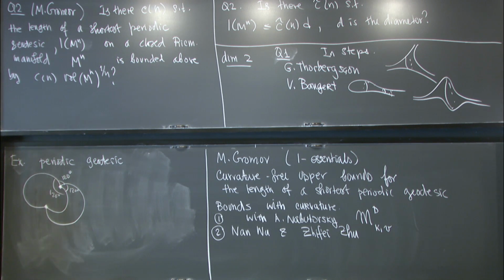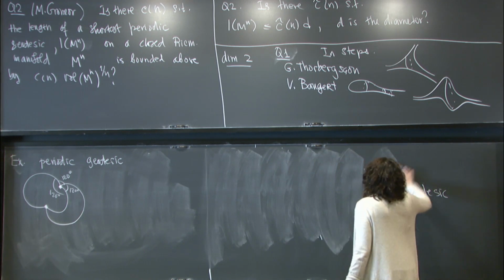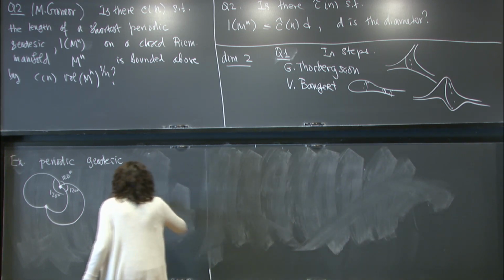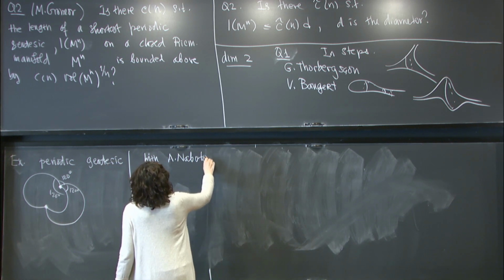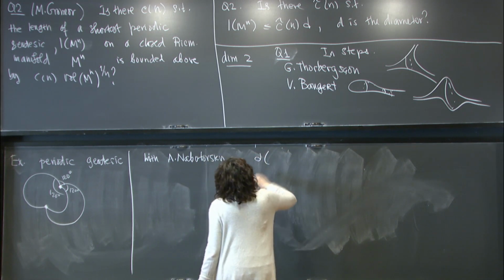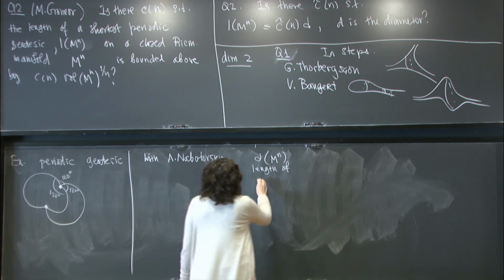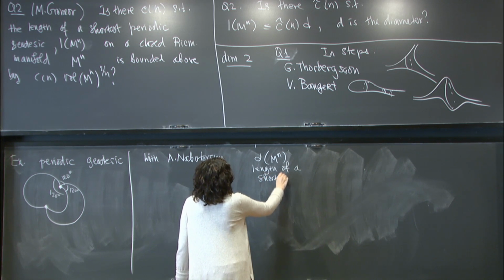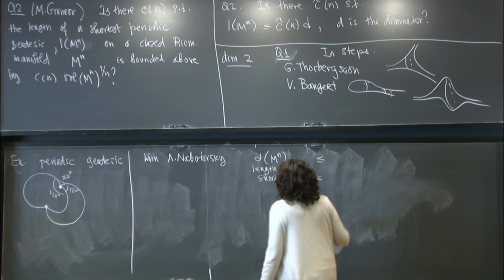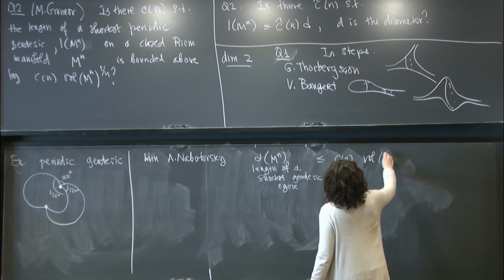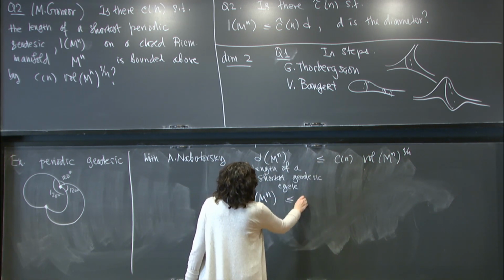Quite a while ago, with Alex, we obtained the following: the length of a shortest geodesic cycle can be bounded by some constant times the nth root of volume, and also in terms of diameter.